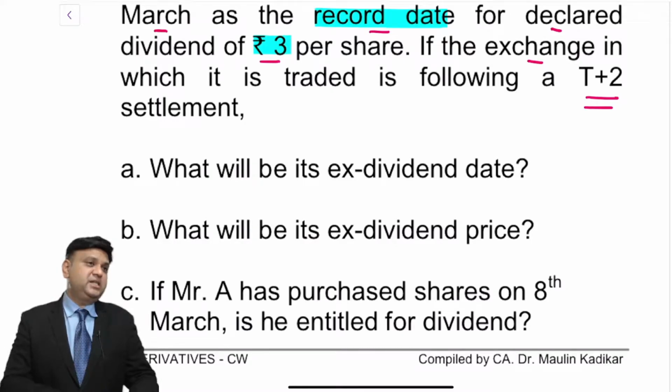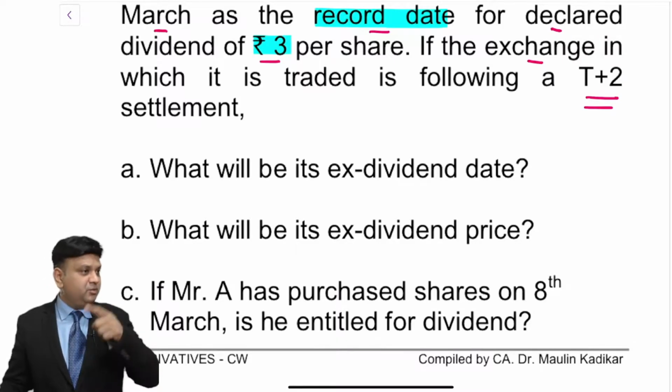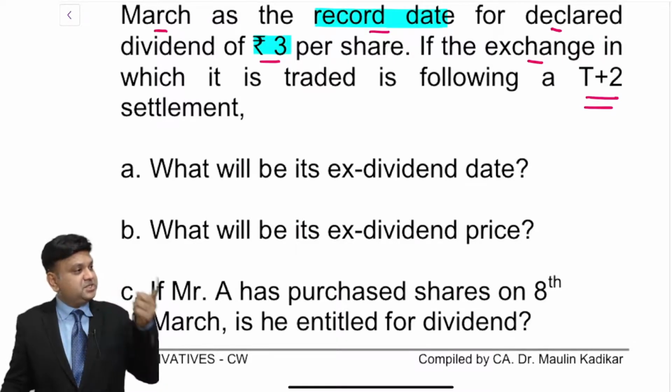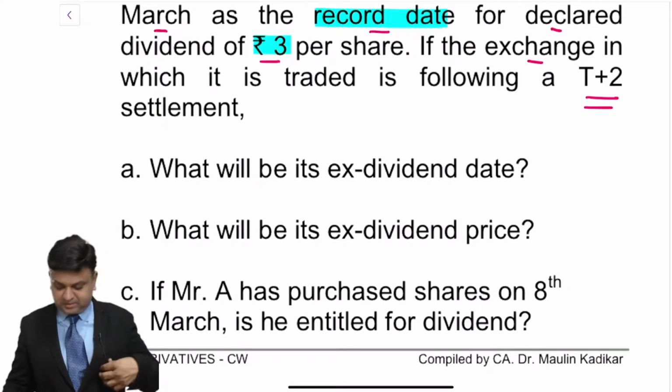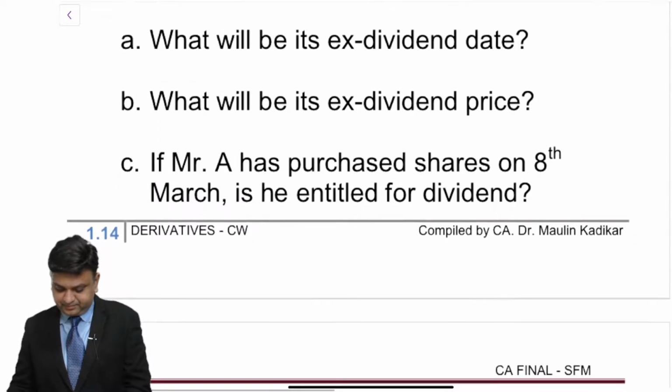And if I sell the security today, then on the date of transaction +2 days my name will be removed and the purchaser's name will be added in the register. So it takes 2 days. That is the information they have given.